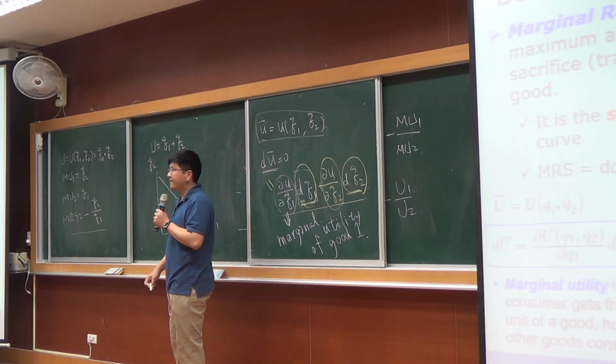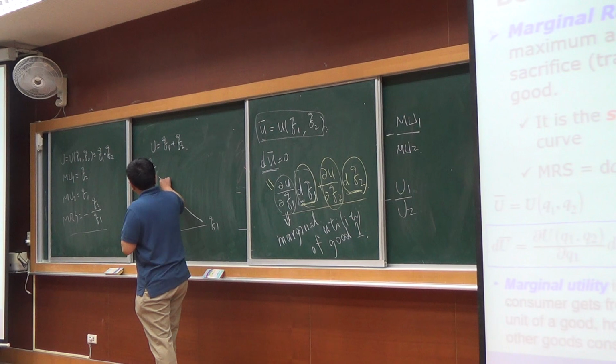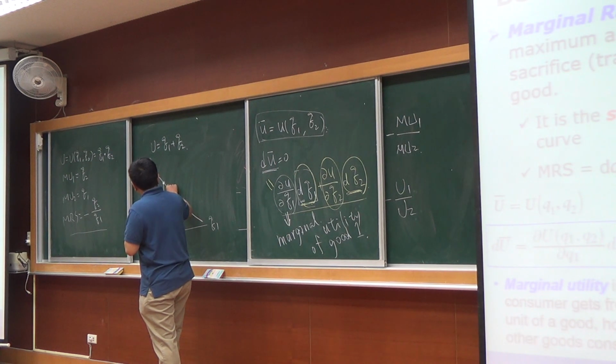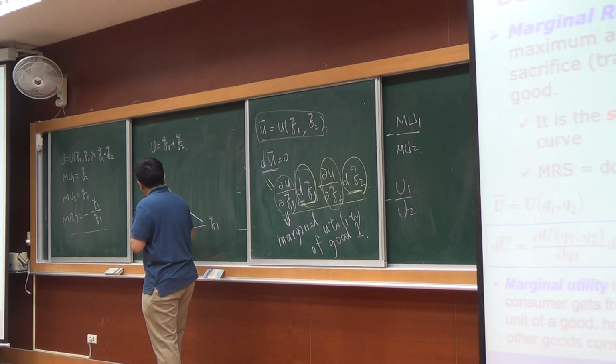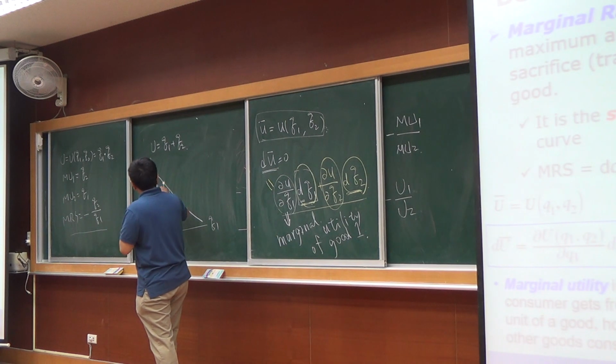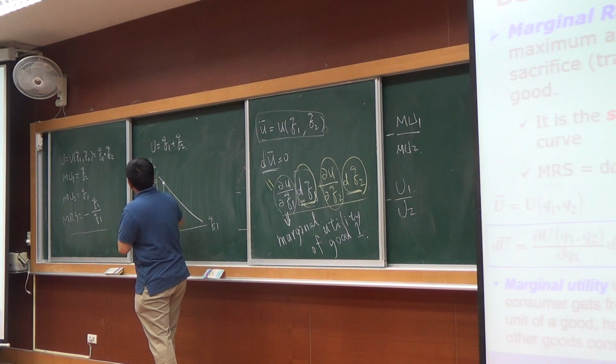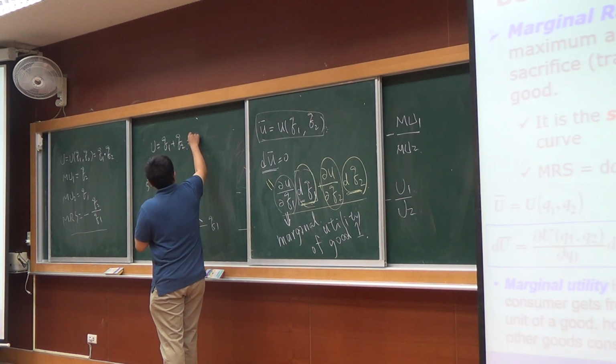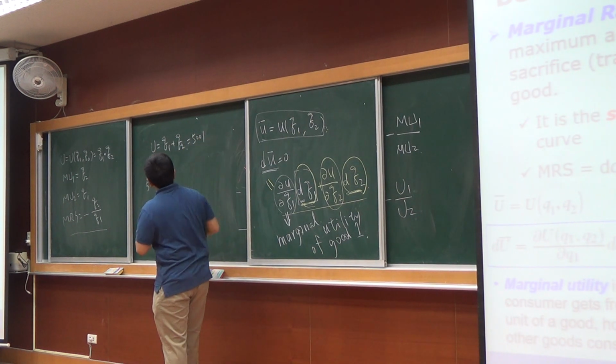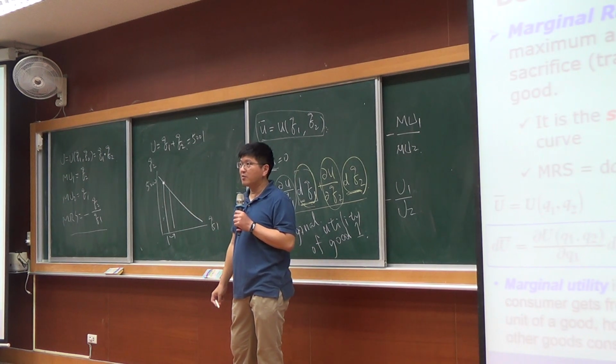Right? In this case, one more unit in pizza. For example, if this is 1 and 5,000, then this would be 5,001, the utility level, right?